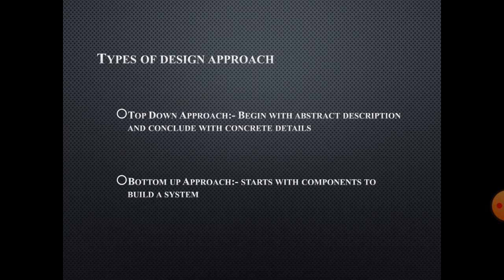There are two types of design approaches. That is the top-down design approach and the bottom-up design approach. First is the top-down design approach, which begins with an abstract description and concludes with concrete details. It goes on in a way like this. First, the requirements will be collected from the clients.